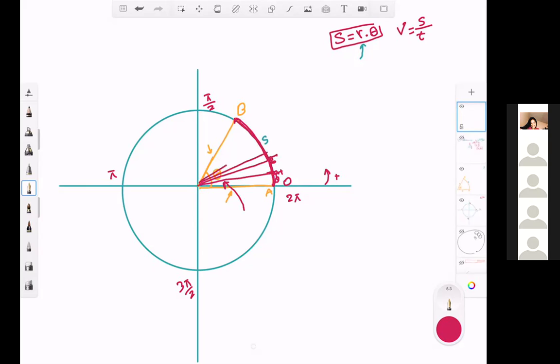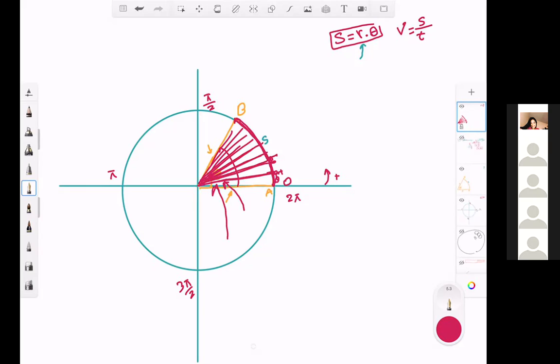Then this theta keeps getting larger and larger, and stops at B, because we would like to know the speed of that person from A to B. But this theta changes too, correct? And they call it angular speed. That means how fast this angle grows, whether it goes quickly or slowly. So the speed of this theta, they call it angular speed.